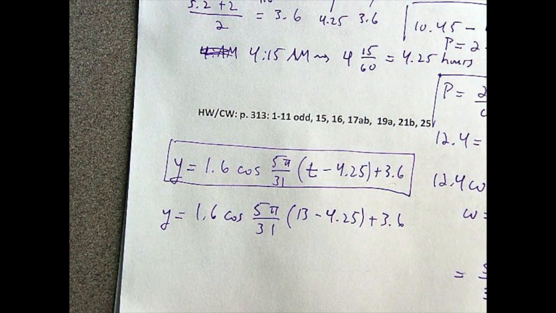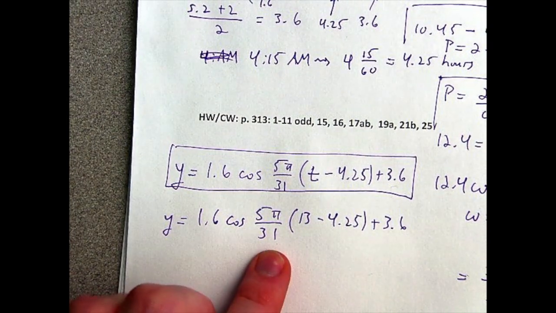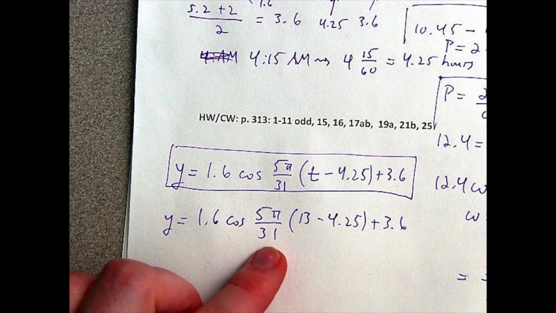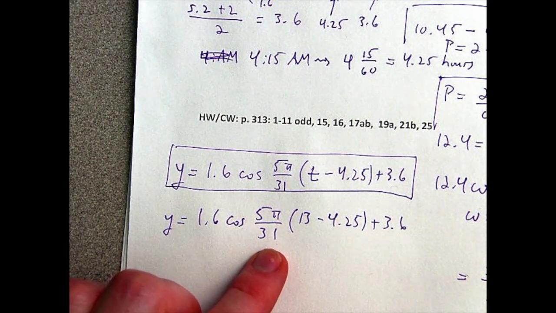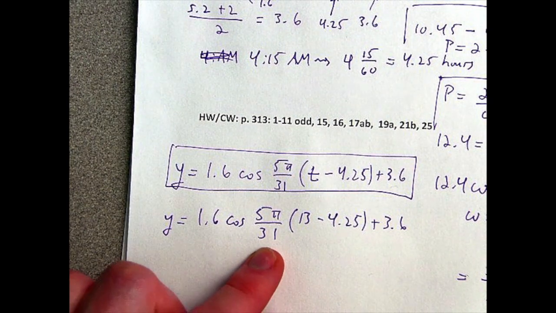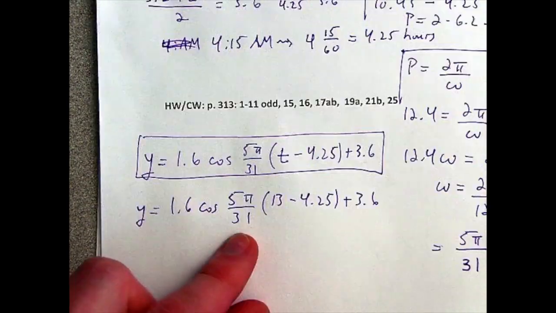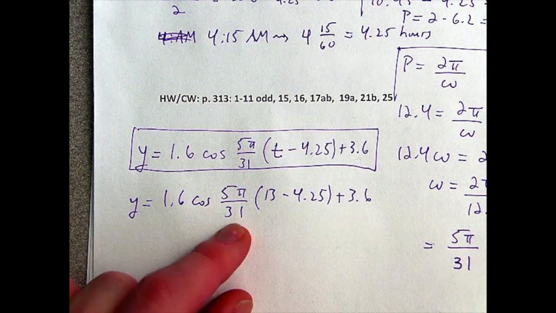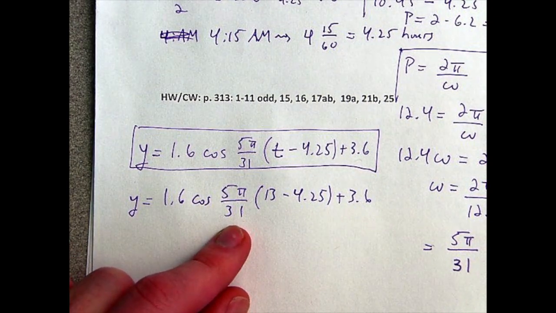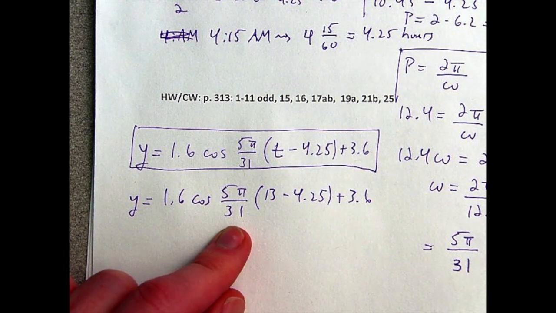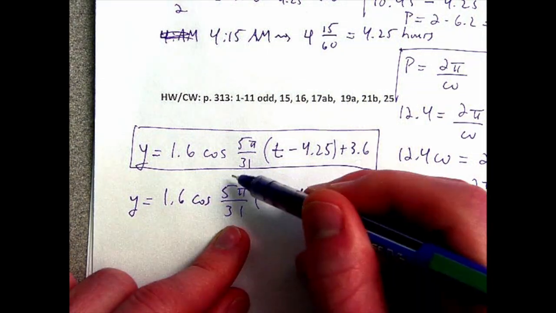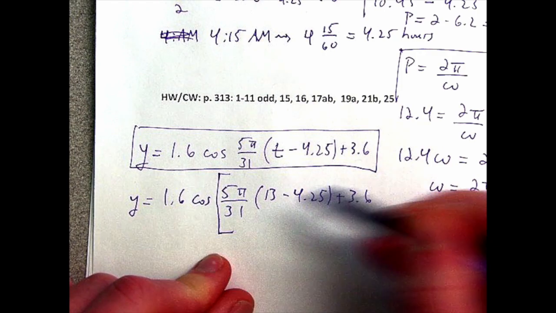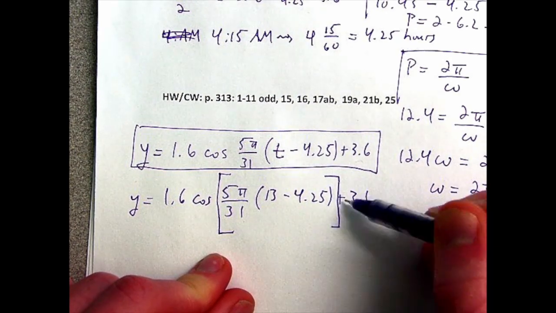One quick note, I noticed that a lot of students were kind of confused about exactly how to evaluate this expression. I want to be clear, what role exactly does this 5 pi over 31 play? We typically don't draw this. It's kind of unnecessary. But the order of operations, the way in which you should simplify this expression, is made more clear if you draw brackets around this expression here. Okay?